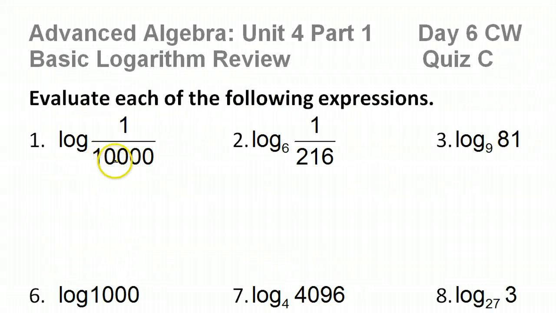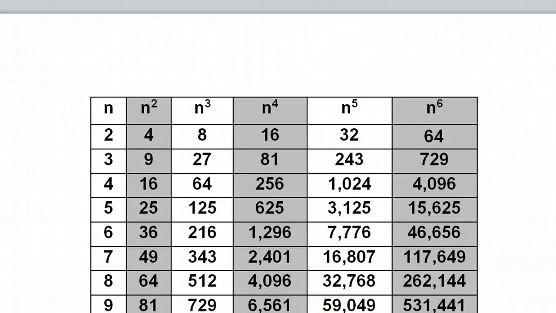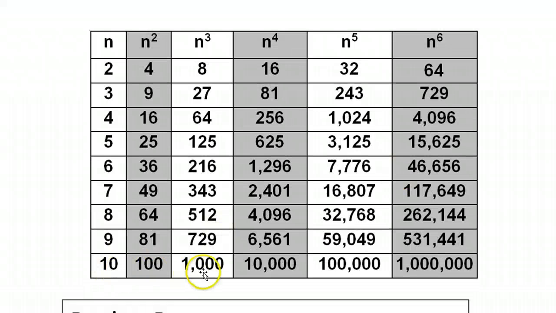Well, 10,000 is 10 to the fourth power. So this is the same thing as having log of 1 over 10 to the fourth power. You can count the zeros and it'll be 10 to that power, or you can use your chart. 10 to the fourth power is 10,000.